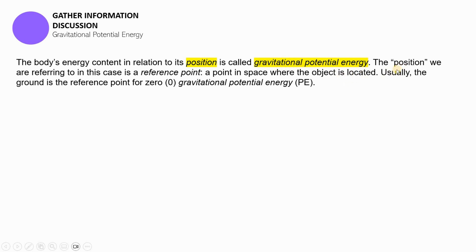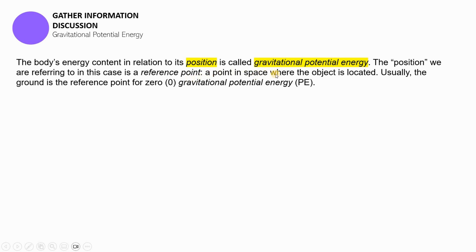The position we are referring to in this case serves as the reference point. And remember that at this point, the reference point, it's not moving from one point to another. It just has one reference point.